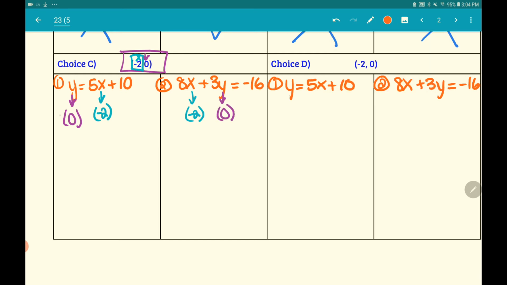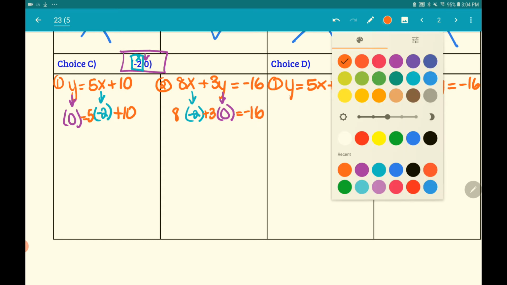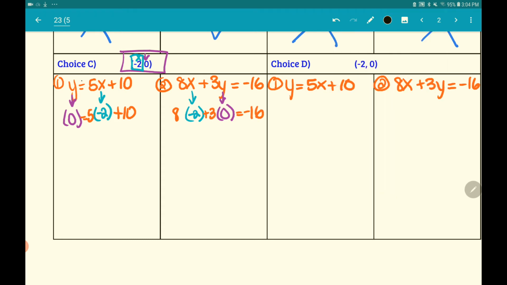0 represents our y. All right, and now we bring everything else down. And we simplify. Go ahead and simplify equation 1. What did you get for the right side?